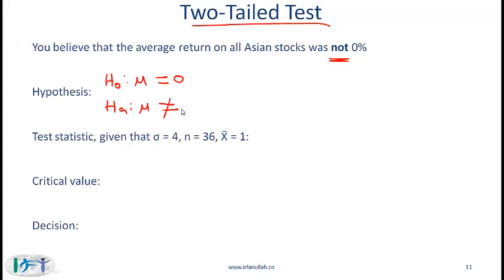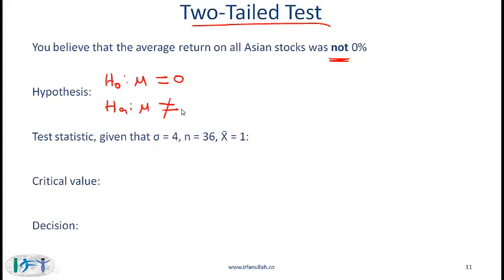That means that if there is a deviation on either side, in other words, if your sample mean is very high, then you can reject the null, or if your sample mean is very low, then you can reject the null. The sample mean is what is driving the value of the test statistic.